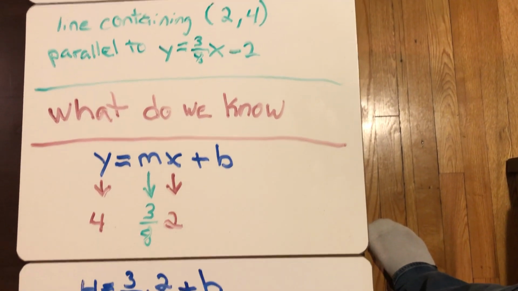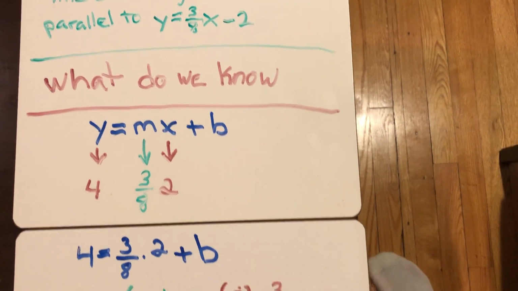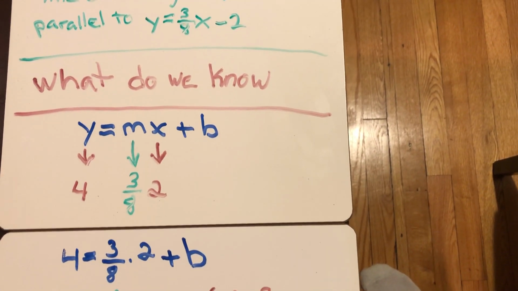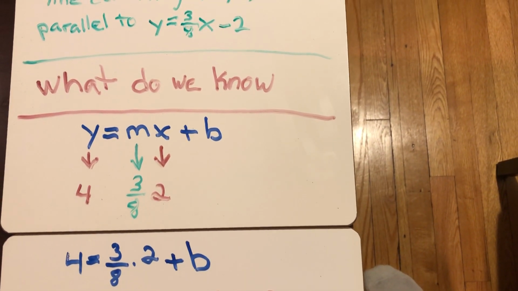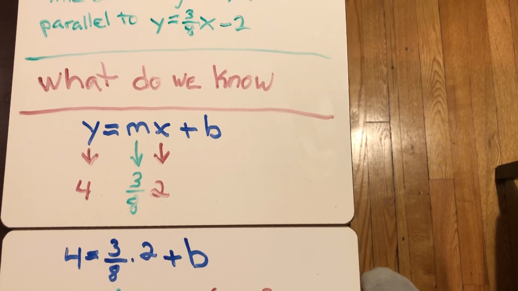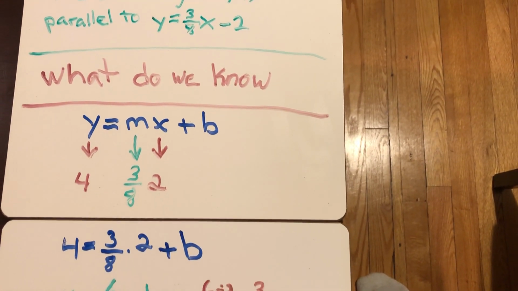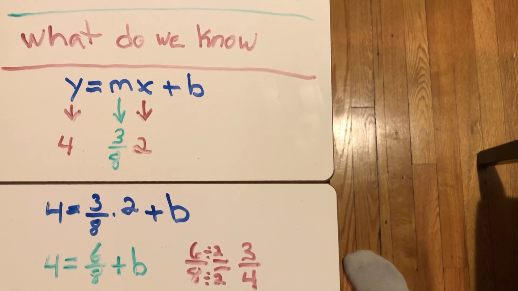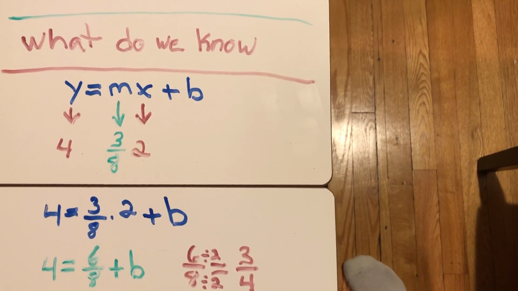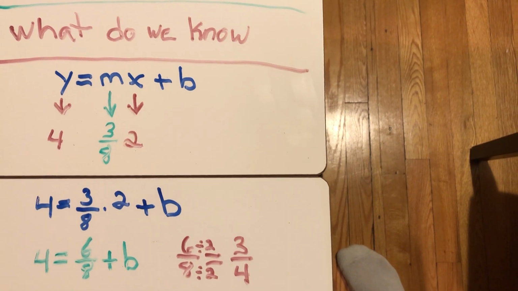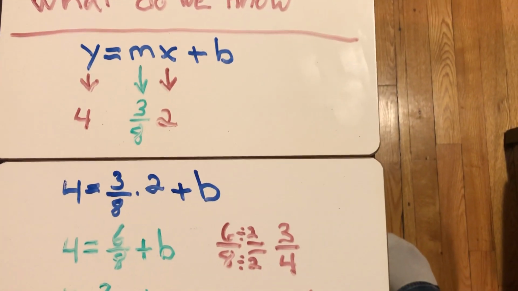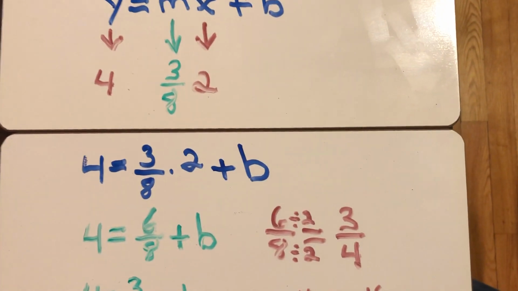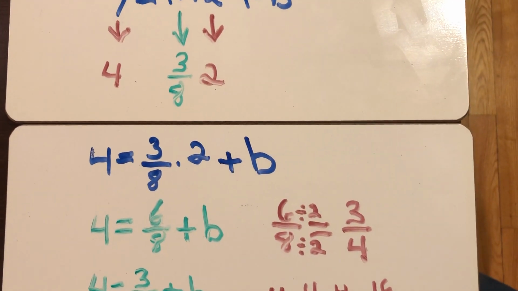So we take that information, put it into our equation, and we get 4 is equal to 3/8 times 2 plus b. Now 3/8 times 2 is going to give us 6/8. If you notice towards the right, I did a little bit of side work here because 6/8 rang a bell.